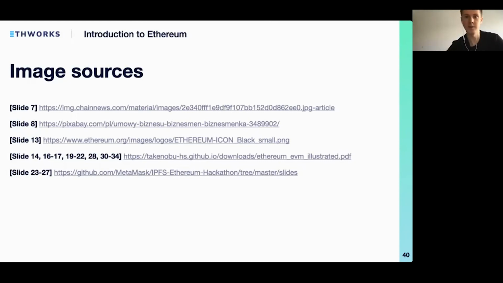Now, what I didn't mention in this presentation is that running a full blockchain node is a really data-consuming task. So you need a lot of storage to hold all of the blockchain data. To give you some idea, right now, with one of the Ethereum implementations called Parity, you need somewhere around 400 gigabytes to run a full node.